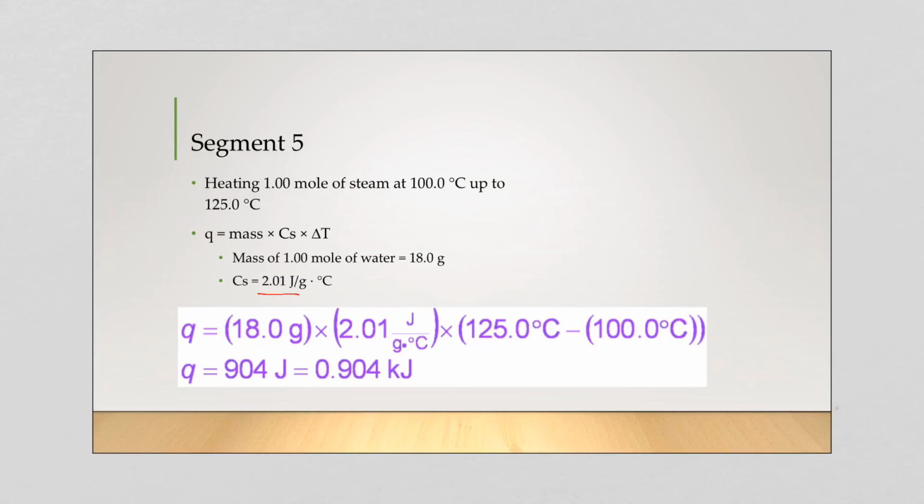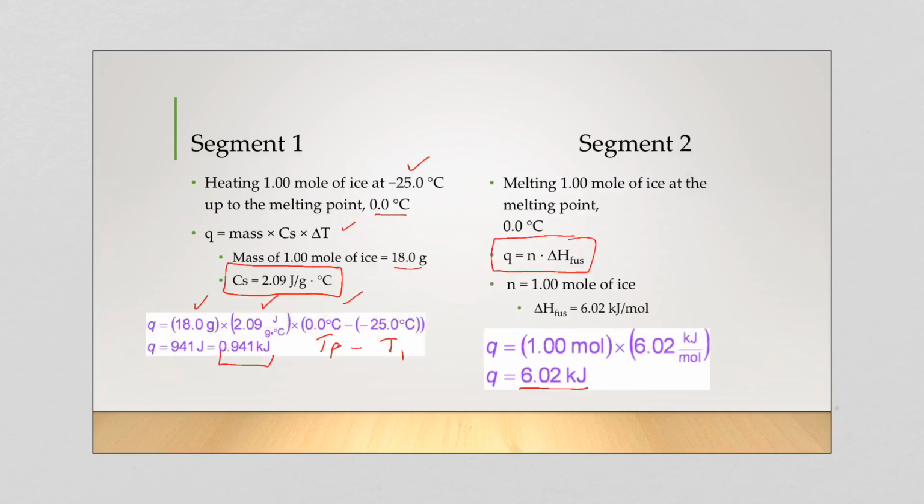Notice steam is a lot easier to heat up than liquid water. And our delta T is just going to be 25 degrees. So we do our math, and it takes 900 joules, or about 0.904 kilojoules, to heat this up.